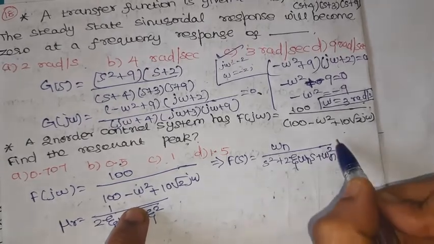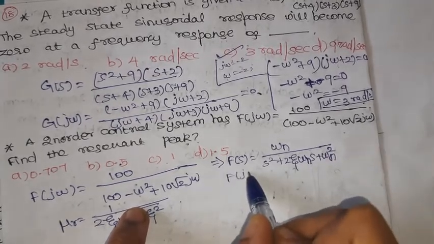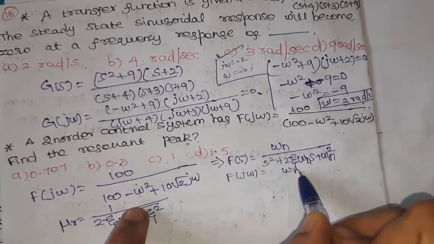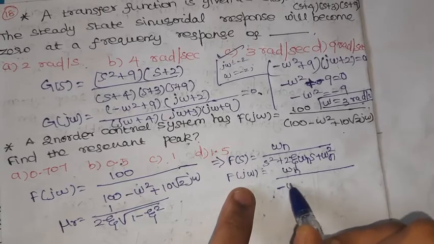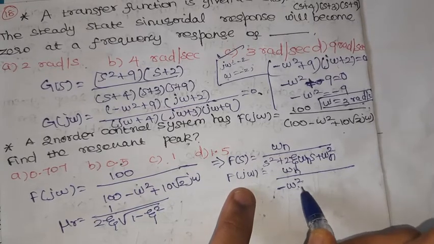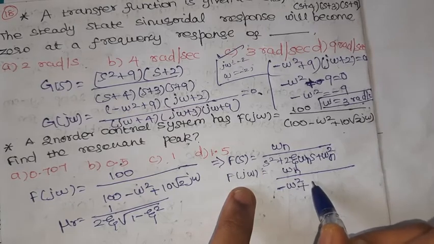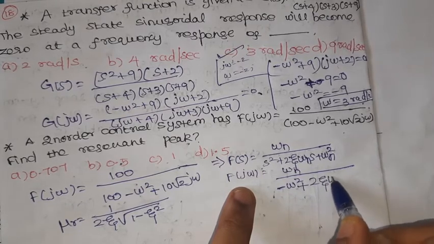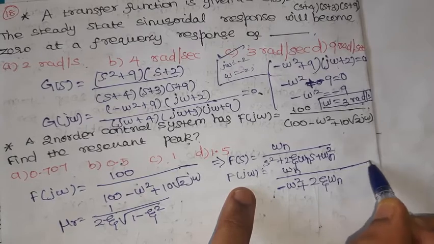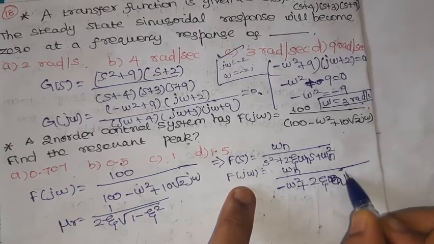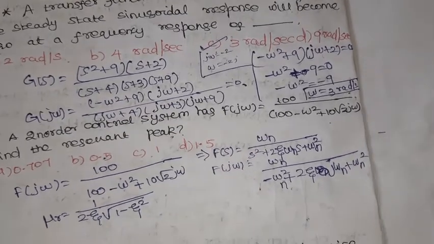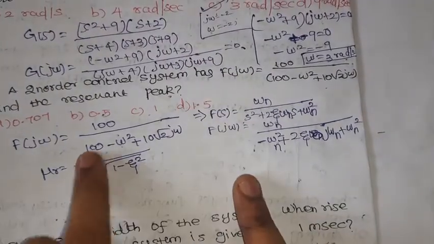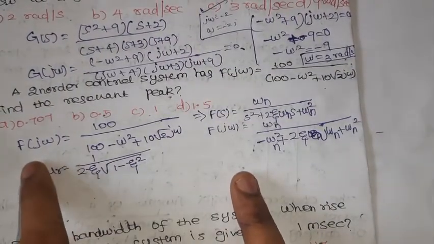In case of F(j omega), substitute s equal to j omega, so s squared is minus omega squared, and we get omega n squared divided by (omega n squared minus omega squared plus 2 zeta omega n j omega). This is the standard equation in the format of F(j omega).